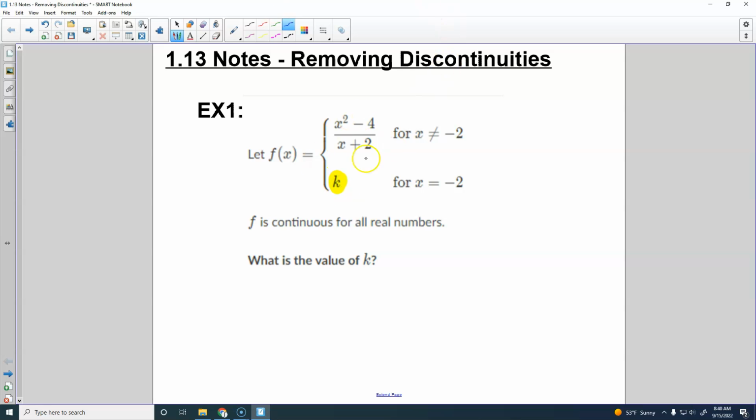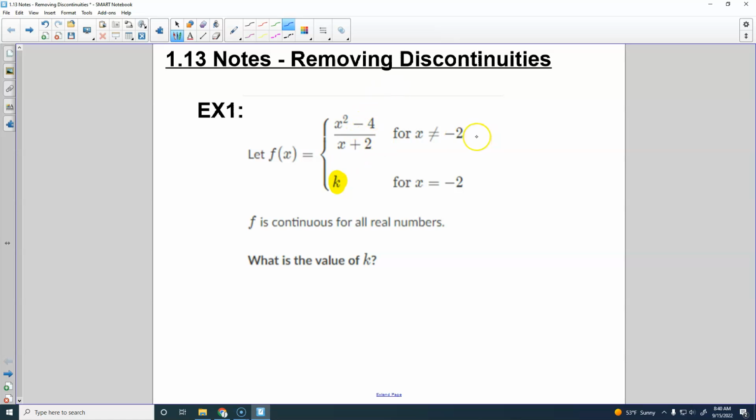So I've got this function right here is defined everywhere except x equals -2. And then right here, I've got basically just a closed-in dot that's filling it in. All right? So I need to know what this limit is. If I know the limit, then I can use this dot to plug that hole that's going to be in the graph.